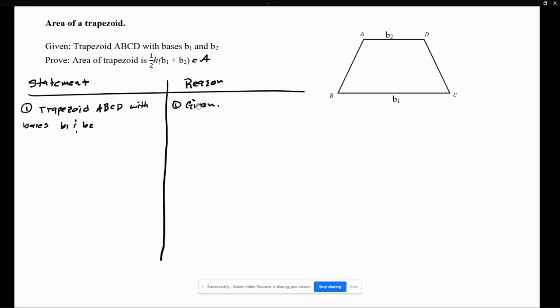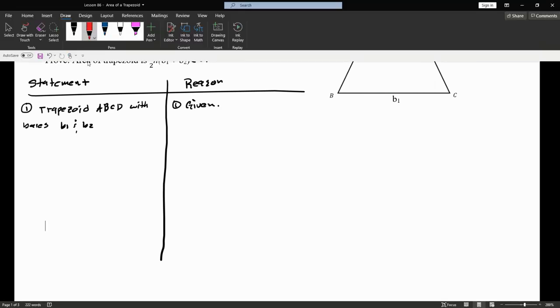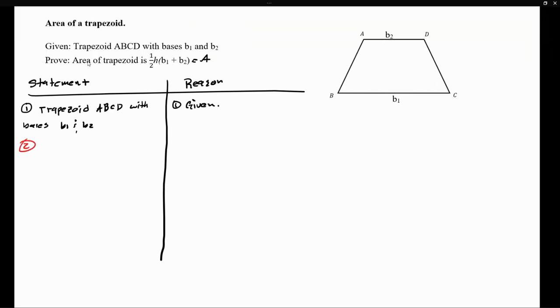And now I'm going to define the diagonal of this trapezoid because we need the diagonal in order to complete our proof. So let's call this diagonal AC. Notice that AC is the diagonal of the trapezoid.